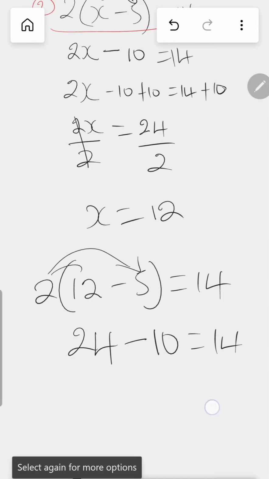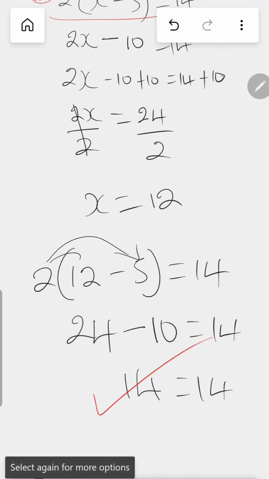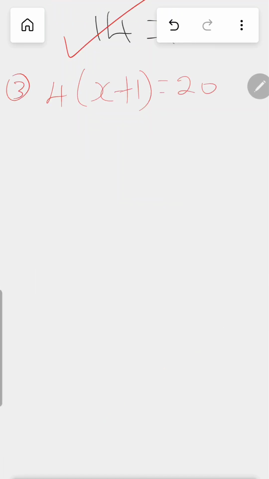If you minus 10 from 24, you get 14 equals 14. So this says your answer is correct. Now we are going to go into our third example, and here we have 4 open bracket x plus 1 close bracket equal 20.